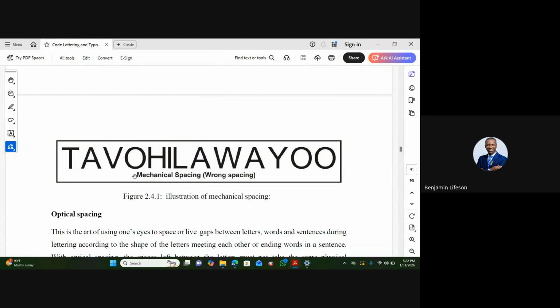V to O. So if it is 1 centimeter, it is 1 centimeter throughout. We are not considering the nature of it, so we call it mechanical. And this mechanical spacing is not the best, because it doesn't encourage readability and legibility. So we can see that the words are so clustered. Okay, so that is mechanical spacing.